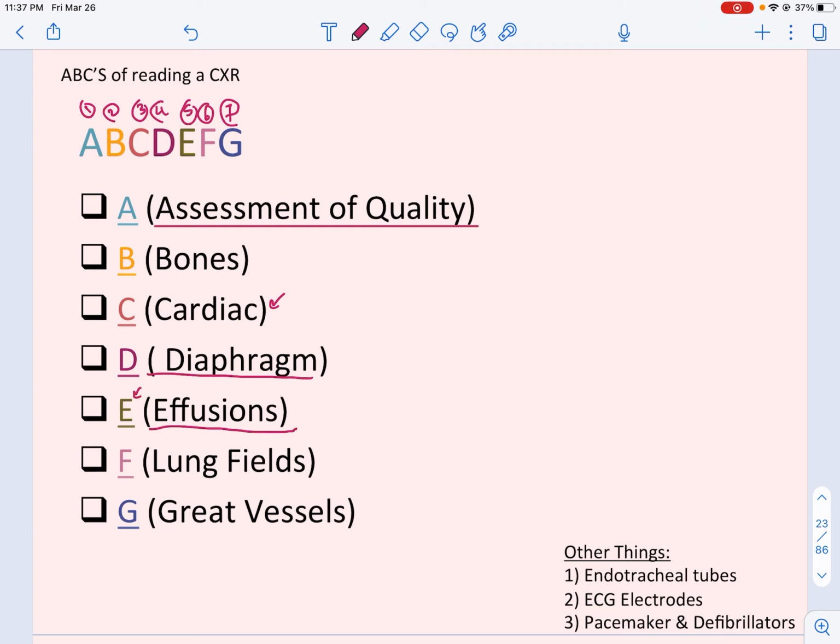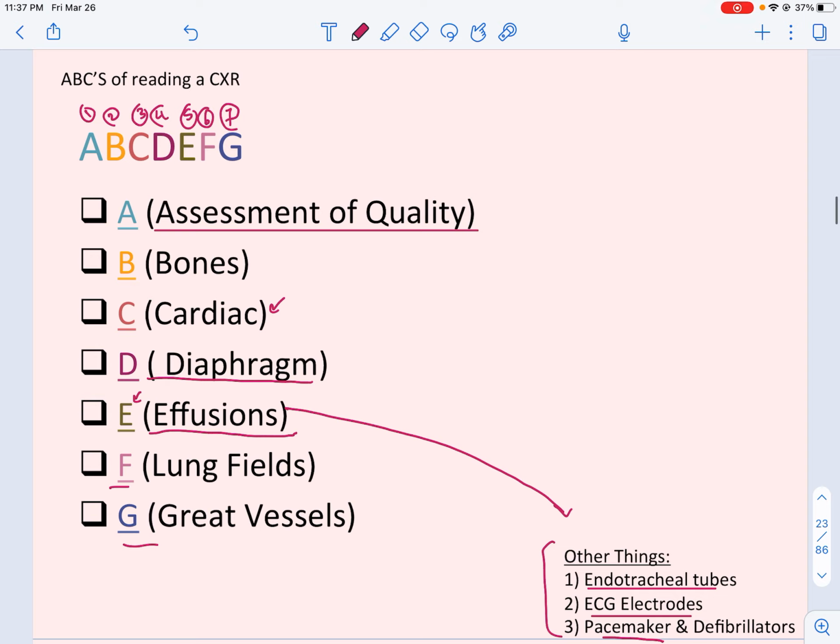E stands for everything else or effusion. I found it much better to say like effusion and then remember to assess also everything else, like if the patient has endotracheal tubes, ECG electrodes or pacemaker. And F stand for lung field, G for great vessels.